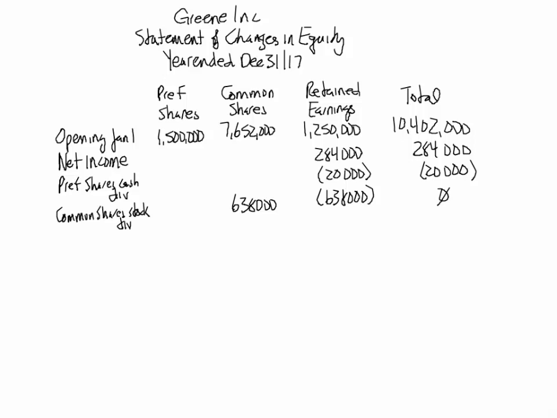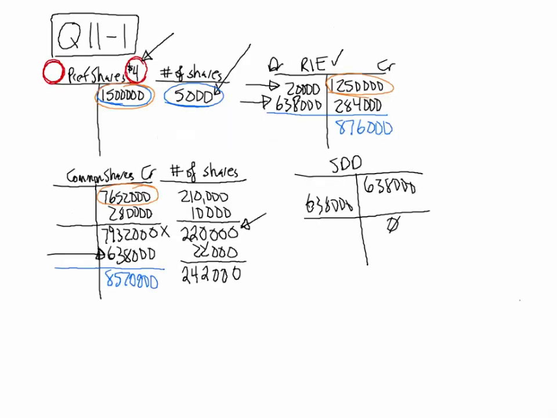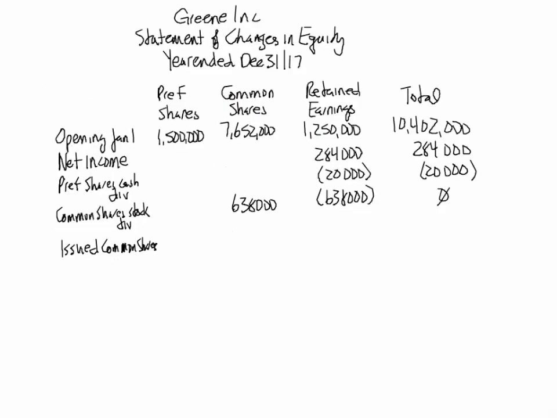So we've got these three things. We issued common shares. So again, we go back and we look at the T accounts. It tells us everything we need to know. We issued common shares for $280,000. So now I know that that went under common shares increase, $280,000 and then $280,000.